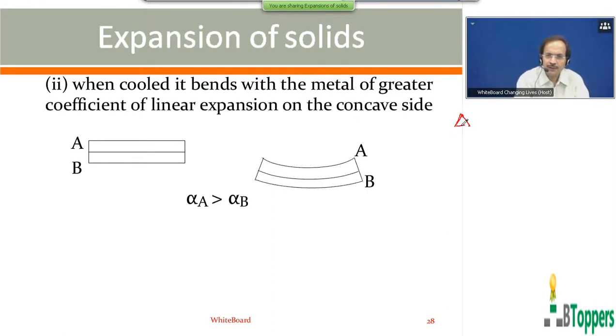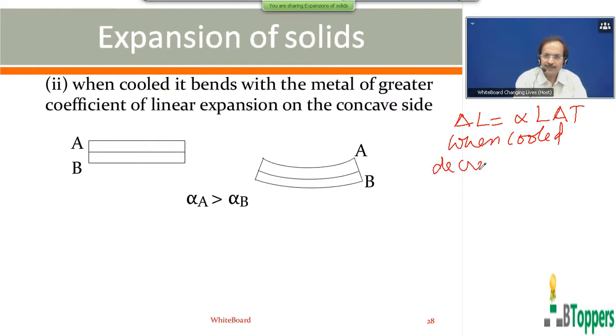The change in the length of a uniform metal rod when it is heated is equal to alpha into original length into change in temperature. When cooled, the length of the rod will decrease. So in general, when a uniform metal rod is cooled, the decrease in the length can be written as alpha into original length into decrease in temperature.